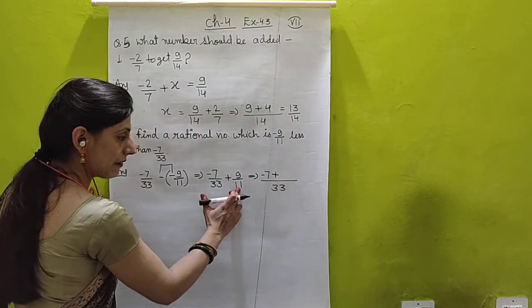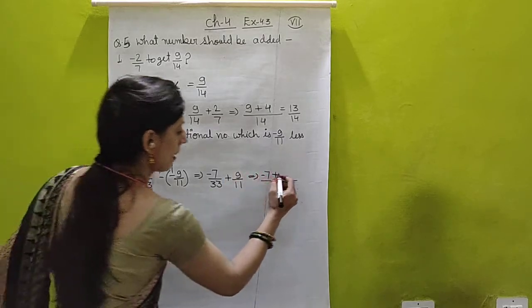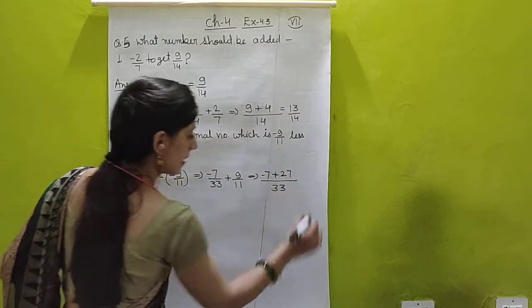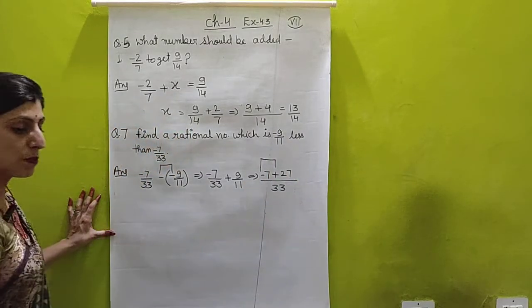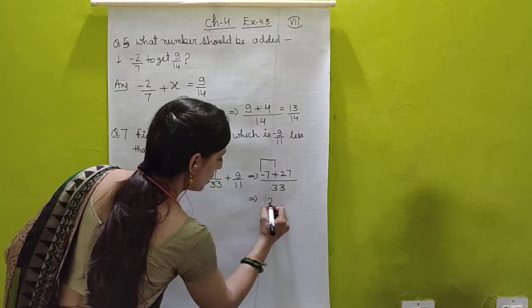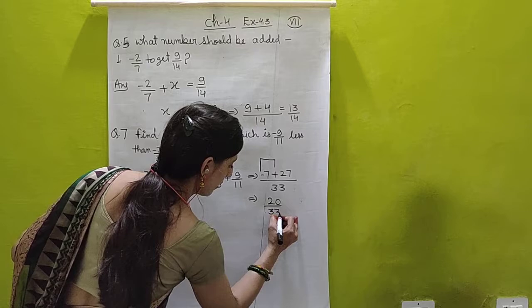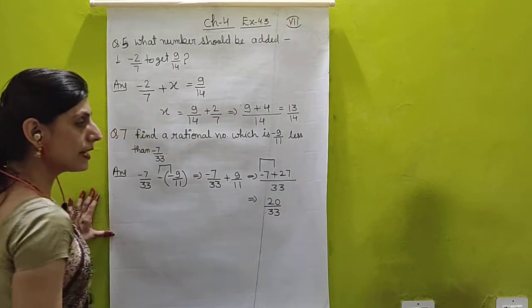33 divided by 11, then 3 times it will divide. Now 3 multiply by 9, it will be 27. Now again student, minus and plus, minus plus will be minus. 27 minus 7, it will be 20 upon 33, and sign of 20 will sign of greater number, that is 27.